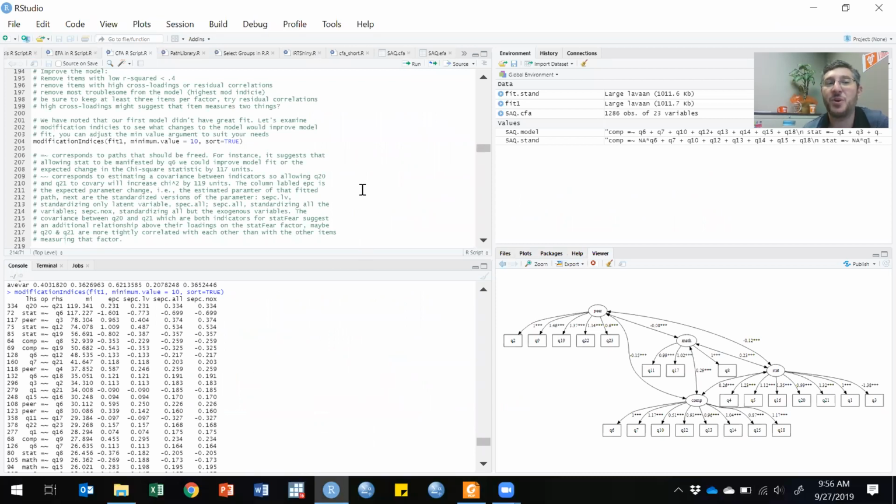Maybe they're more tightly related than we thought, more interrelated with each other than with the other items in the stat fear set. So to me, that one makes a little more theoretical sense as to why they would fit better.